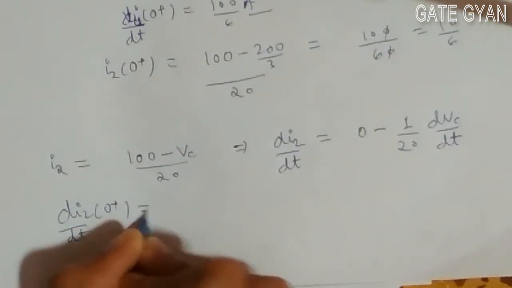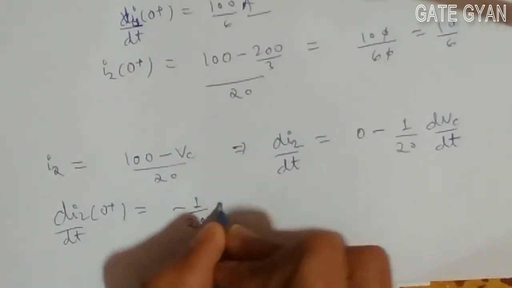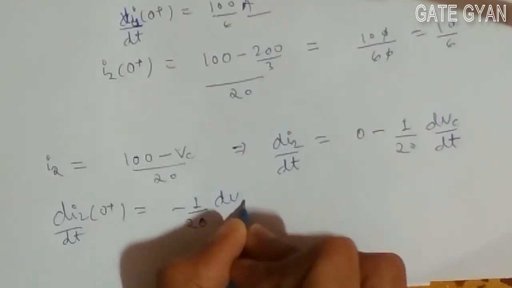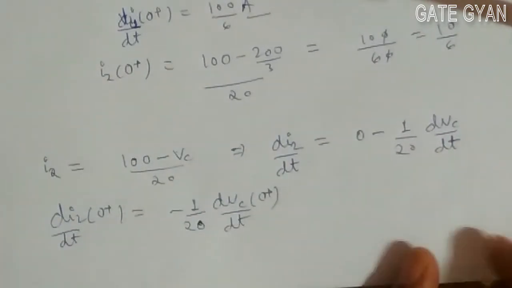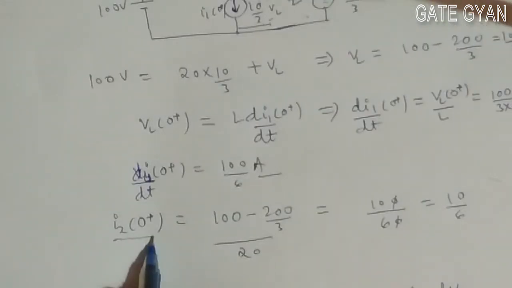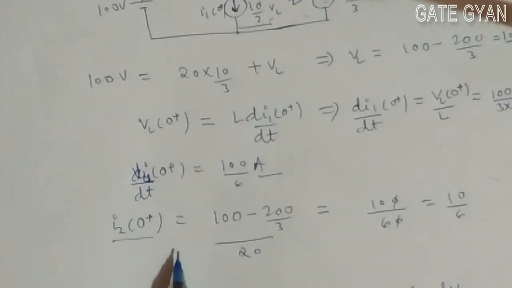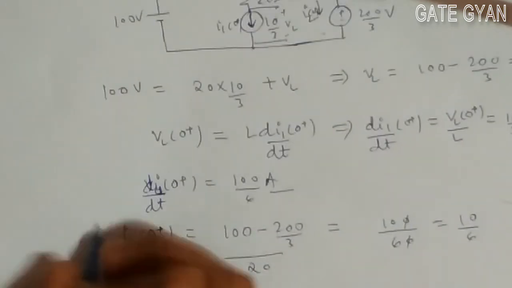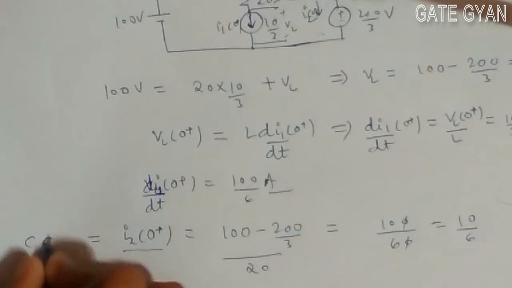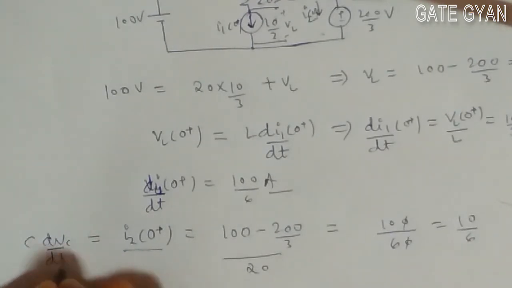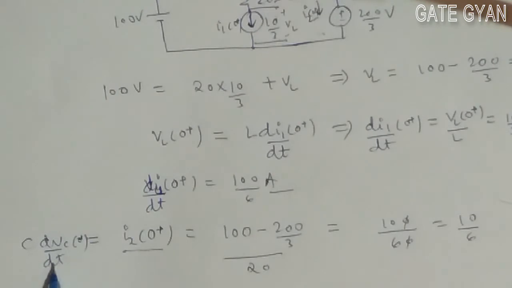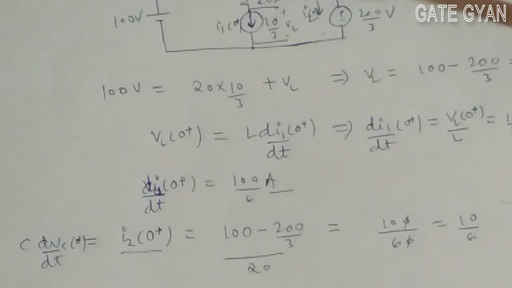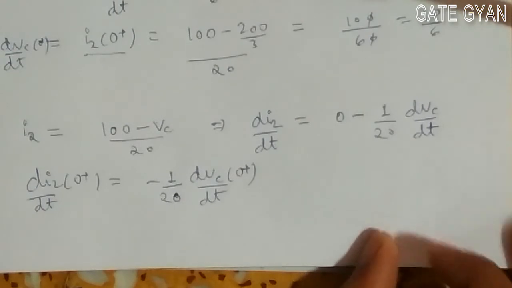So I can write my di2 by dt of 0 plus as minus 1 by 20 dVC by dt at 0 plus, and this I2 of 0 plus is the capacitor current, and the capacitor current is given by C dVC by dt of 0 plus. So from this equation I can get dVC by dt of 0 plus as I2 of 0 plus by C.